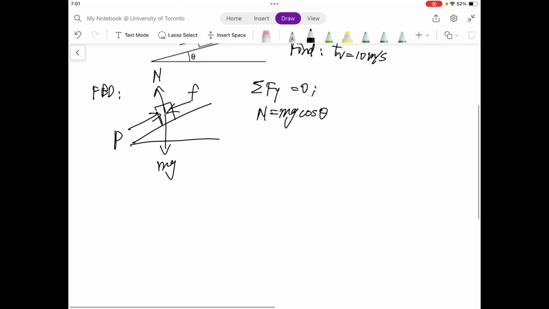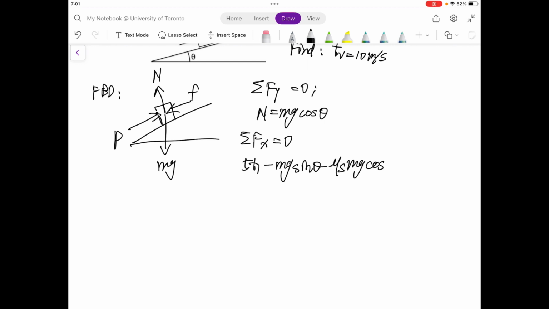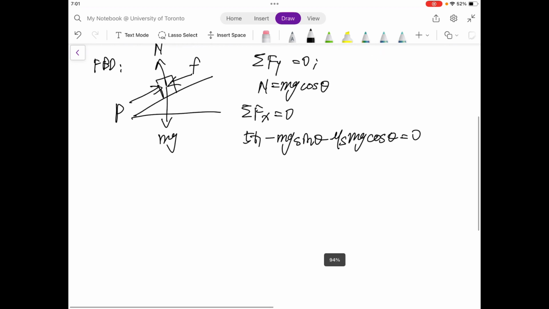So in the first period, the sum of F in the x direction is equal to 0. So we have 5t1 minus mg sine theta minus μs mg cosine theta is equal to 0.